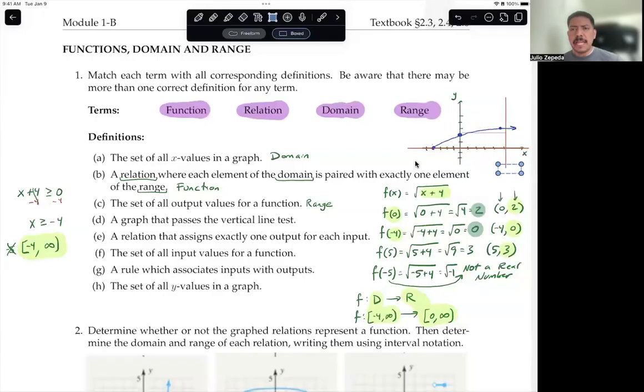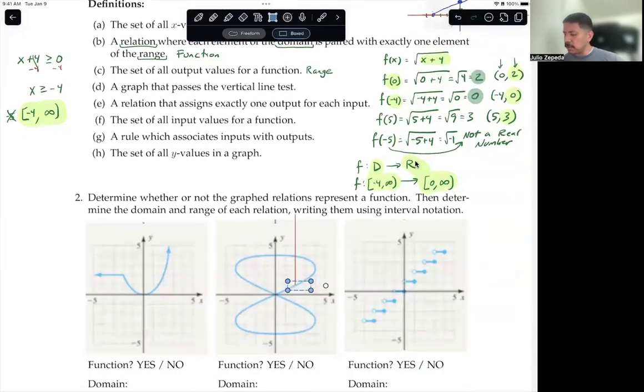Okay, so if I can draw a vertical line and the vertical line crosses the graph at a maximum of one time, then that graph is a function. Okay, and we're going to get into problem number two, but let me scroll down here. This here in part B, or this middle graph that I'm putting the vertical line on, this is not a function because the vertical line does not cross the graph at most one time, at a maximum of one time.